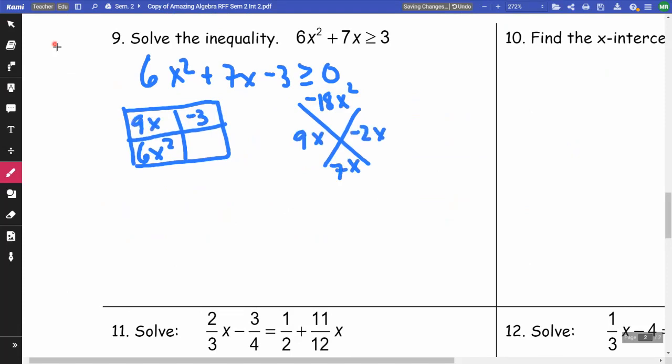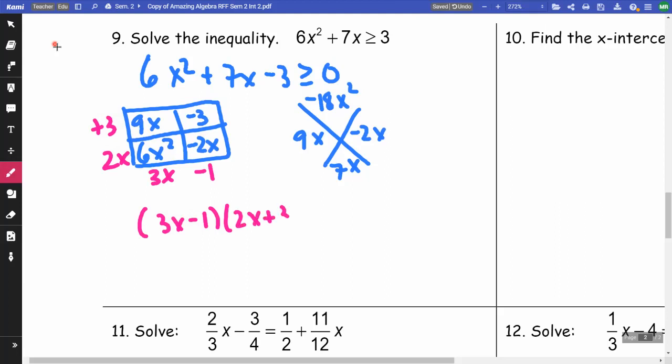When I find the outside, I'm going to have a 2x here and a 3x here. 2x times negative 1, 3x times 3. So my factors are going to be 3x minus 1 times 2x plus 3 is greater than or equal to 0. If I find my boundary values for this, this is going to be x is equal to 1/3. That's where it would equal 0. And this would be x is equal to negative 3/2.